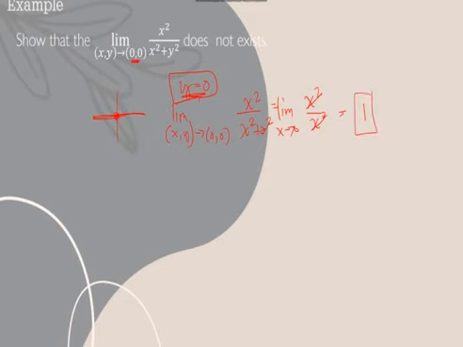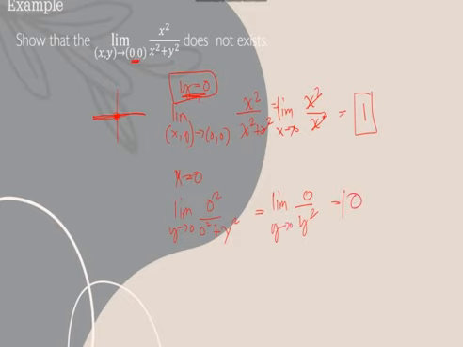Next, let's set x to 0. We have the limit of 0 squared over 0 squared plus y squared as your y goes to 0. You will have limit of 0 over y squared as your y goes to 0.